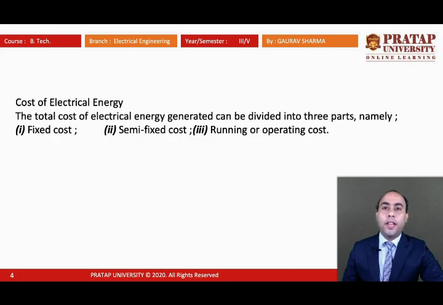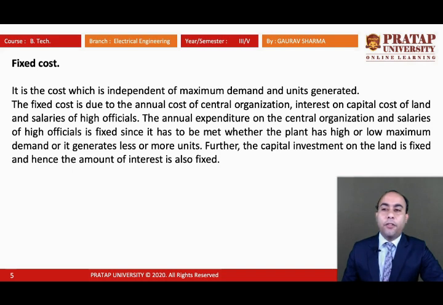The total cost of energy generated can be divided into three parts. Generally, these are the fixed cost, semi-fixed cost, and the running or operating cost. The fixed cost is independent of maximum demand and units generated. The fixed cost is due to the annual cost of central organization, interest on capital cost of land, and salaries of high officials.